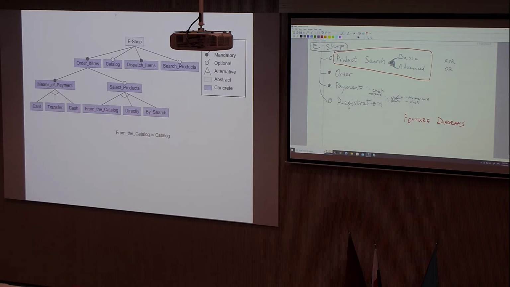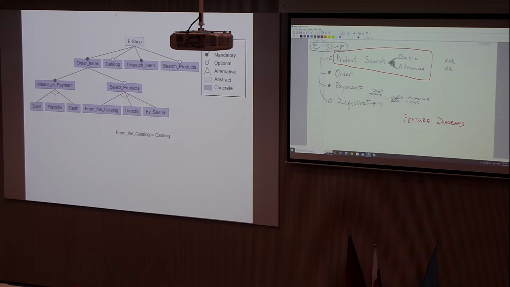So all the items, I had it displayed as order. There might be different ways of expressing features and different ways of even organizing them, because the dependencies might be like not in a tree-like fashion. For that reason, we can have these separate additional rules, like this from the catalog implies catalog.